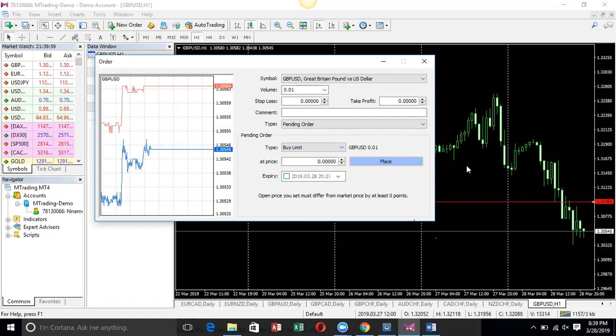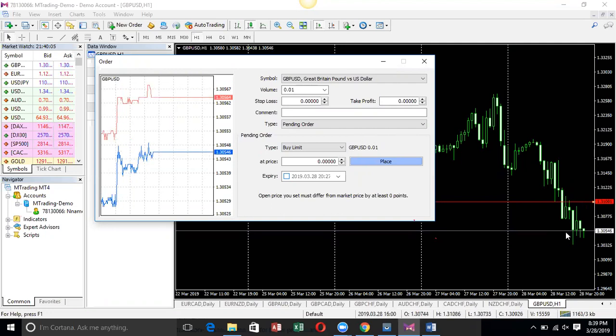Now, remember this, our ask price. I look at the current market price and I said that I want to buy. That is why I selected this my ask price. I made the choice by myself.